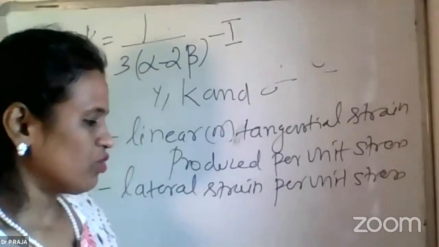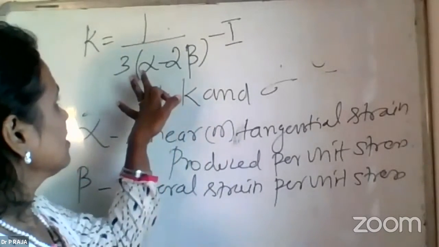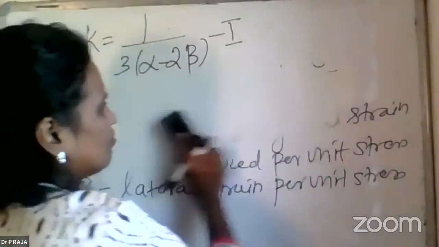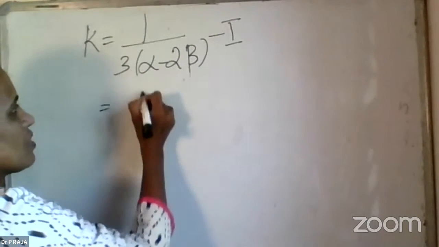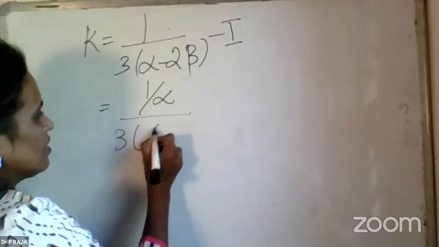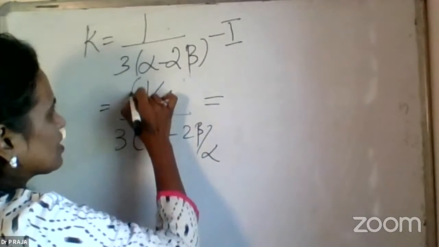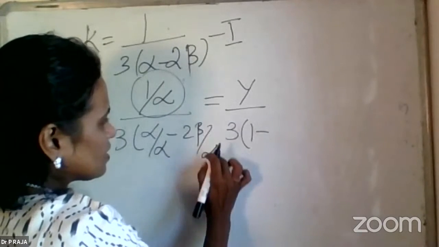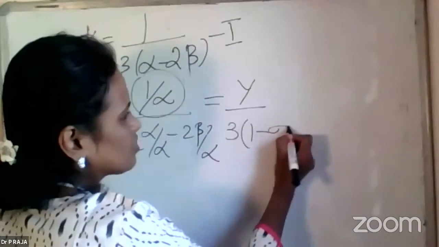Similarly, we found another equation from here. When we divide the numerator and the denominator by alpha, alpha divided by alpha, 2 beta by alpha, this factor is equivalent to Y divided by 3 into 1 minus, where beta divided by alpha is nothing but Poisson's ratio sigma.